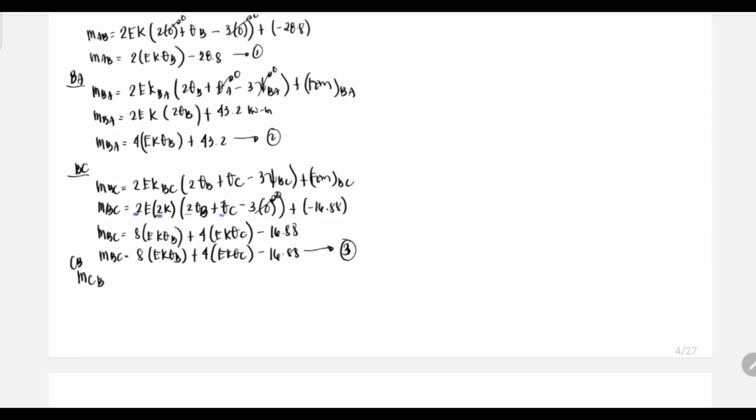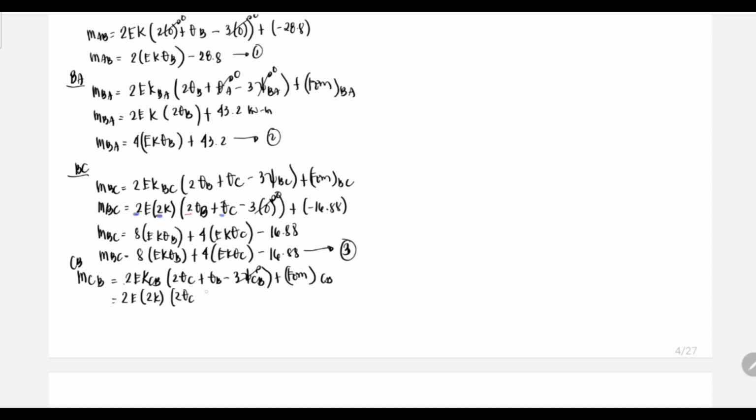Anyway, next we have moment CB. Okay, for our moment CB, ang gagawin lang natin, same lang na procedure, so that is equivalent to 2EK CB, 2 theta C plus theta B, minus 3 psi CB, plus your fixed end moment of CB. So we have, this is 0, 2 times 2, tapos yung CB natin would be 2K. So ayusin natin muna. 2E, tapos yung KCB natin is 2K.